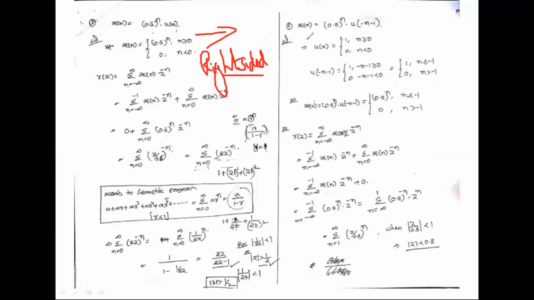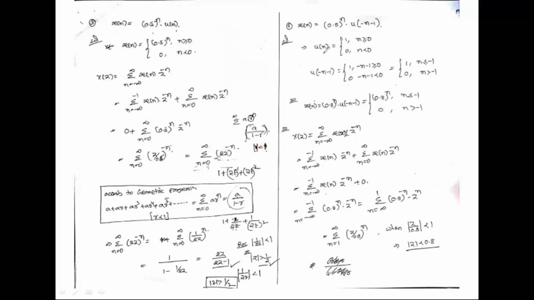Because it is discrete, 0 to infinity is right-sided, and minus infinity to minus 1 is the left side. The range here for right-sided is 0 to infinity, and minus infinity to minus 1, because it is discrete, is a left-sided function.